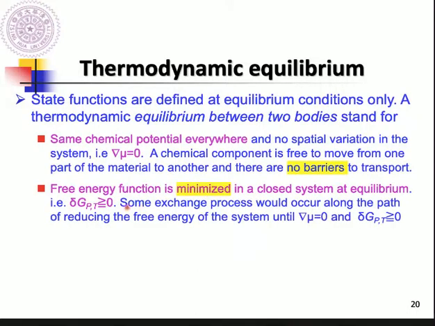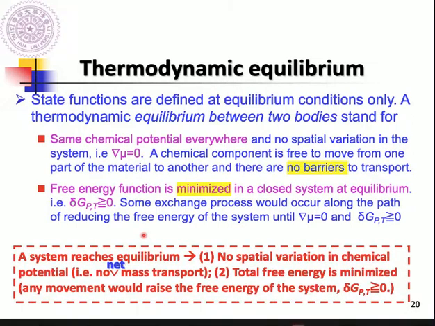The second one is the free energy. The total free energy of the system must be minimized in this closed system at equilibrium conditions. So any movement of an atom or any adjustment of this system will increase the total free energy.